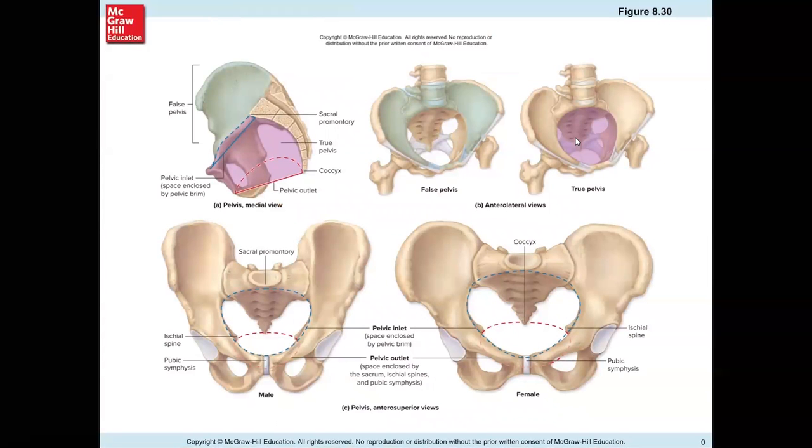Okay, so here's another picture, and this picture is trying to compare male and female pelvises. The female pelvis is generally better shaped for delivering a baby. So the opening is bigger at the outlet. The shape is just different.